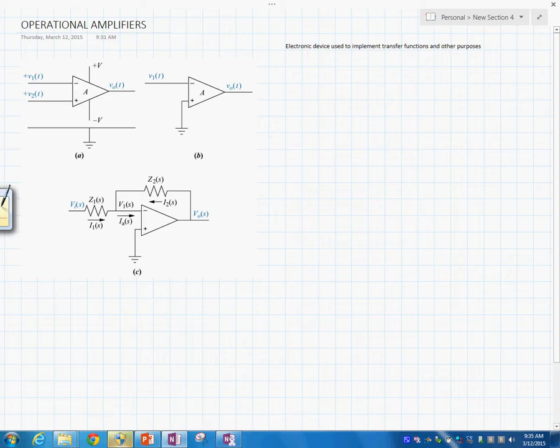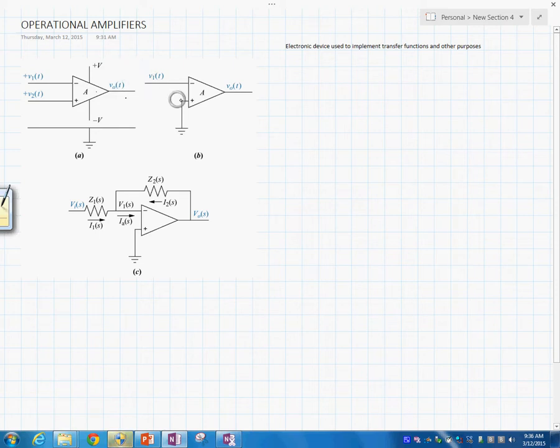So the idea is to be able to amplify. This is the voltage output. So the idea is to create the voltage difference between these two, and then the output is going to be amplified to become this.